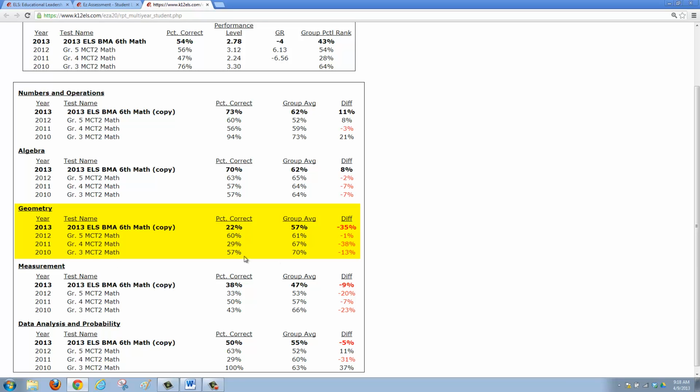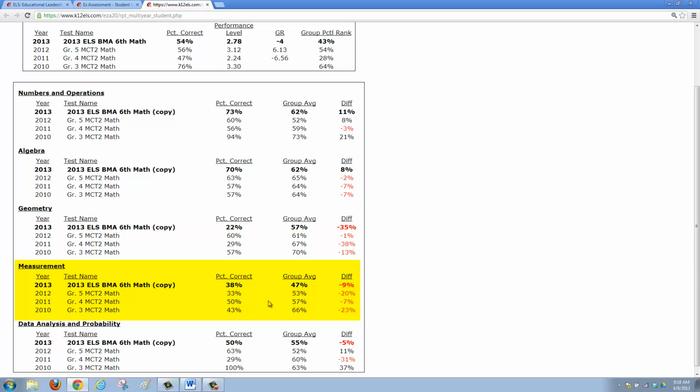Over the years she's scored below the group average every year on geometry and actually measurement as well. On this particular test on geometry she scored 22%, the group average was 57%. The year before she scored 60%, but in 4th grade math she scored 29%. So we see that as a relative weak area.